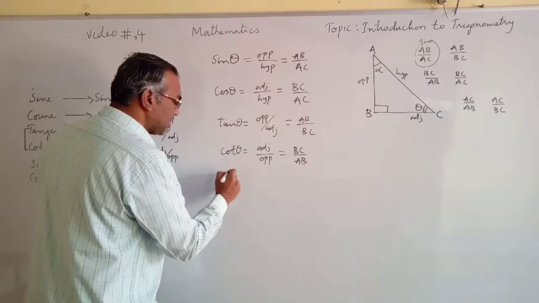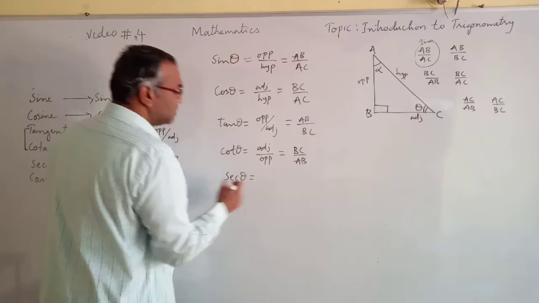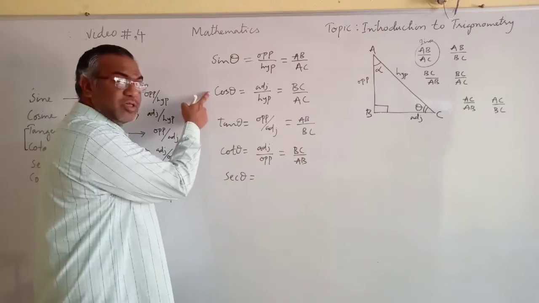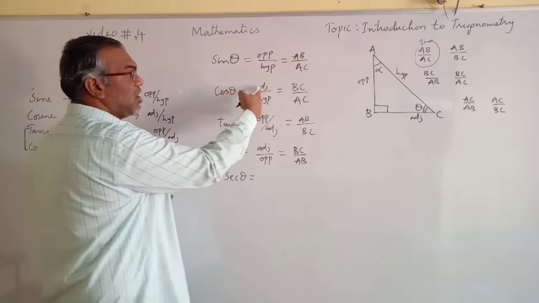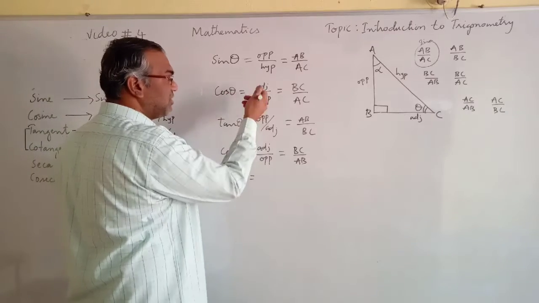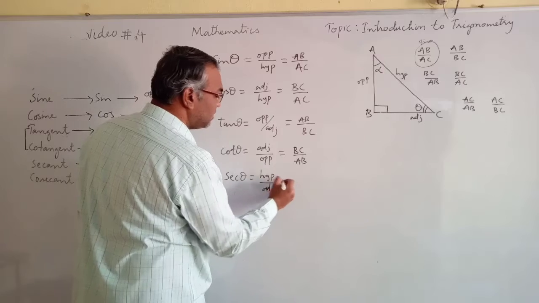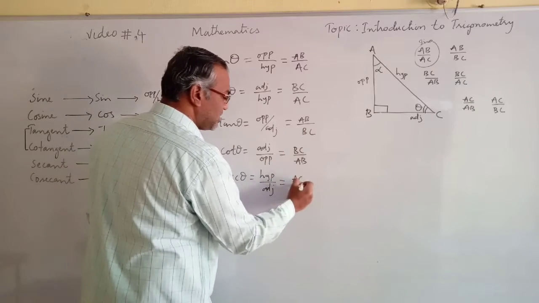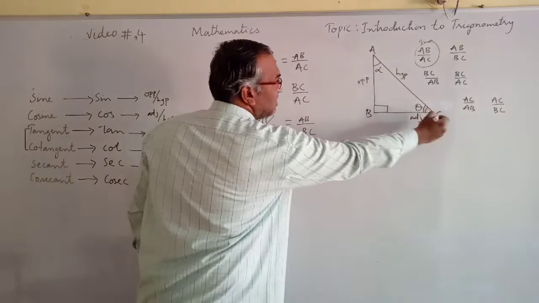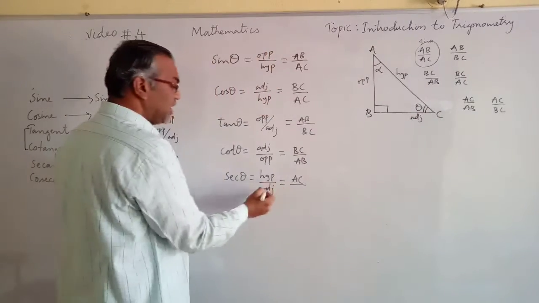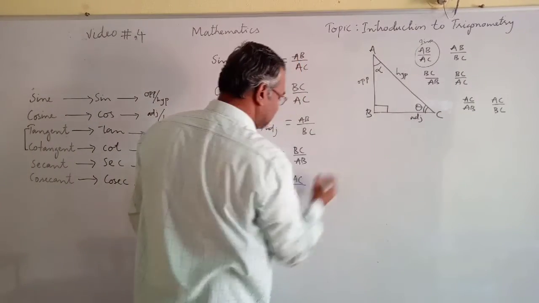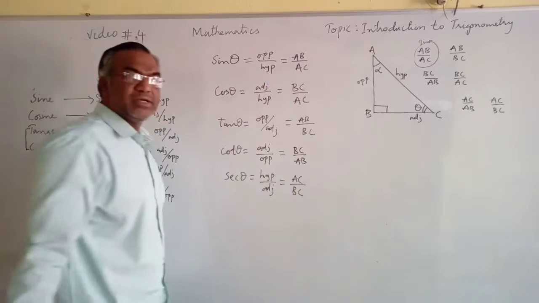Then sec theta. Sec is the reciprocal of cos. Cos is adjacent by hypotenuse, so sec will be hypotenuse divided by adjacent: hypotenuse is AC, adjacent is BC.